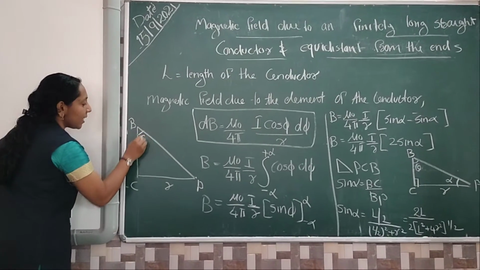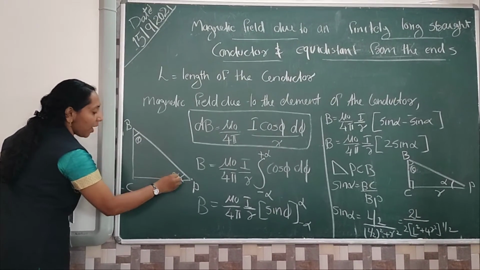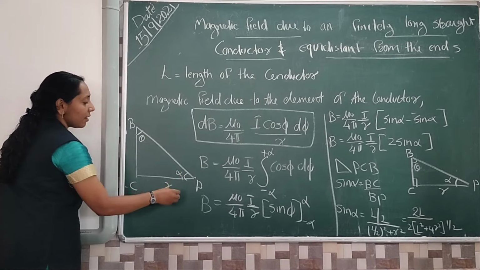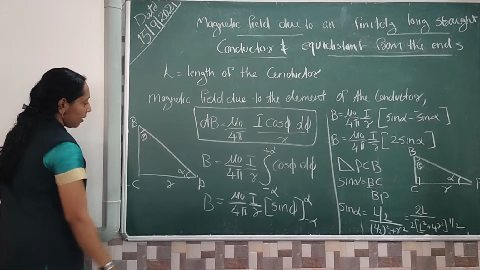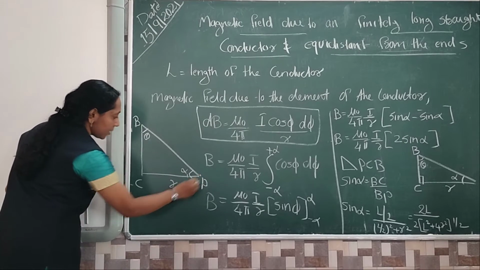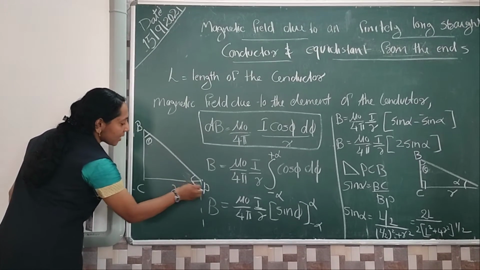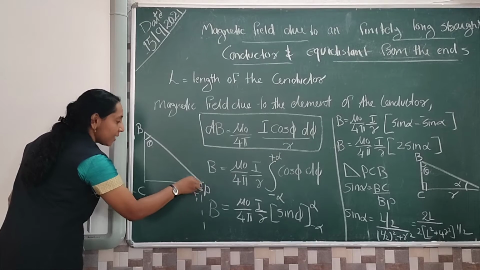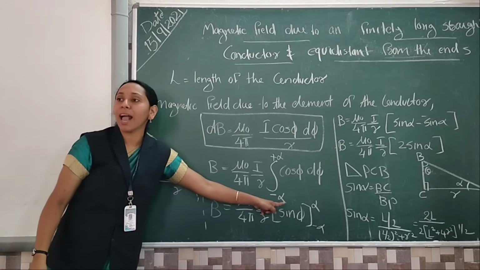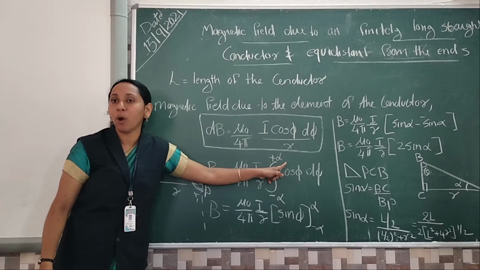This is angle theta. This is angle alpha. Clear everyone? So this is alpha 1 and the remaining portion is alpha 2. That means this is the basic one. This is alpha 1 and this is alpha 2. That's the reason I am considering here minus alpha and plus alpha. I hope you can understand this.